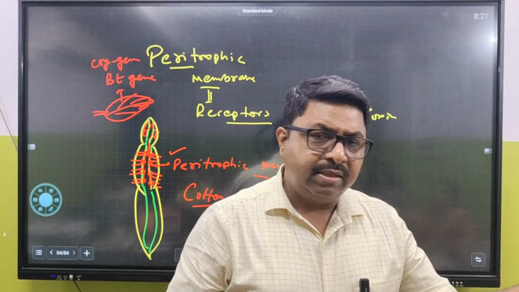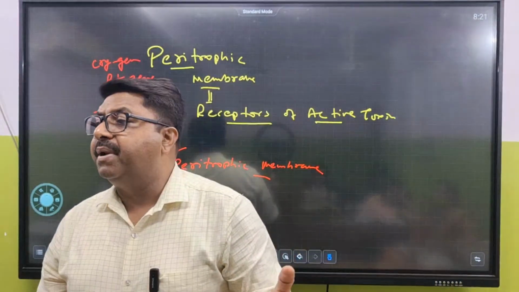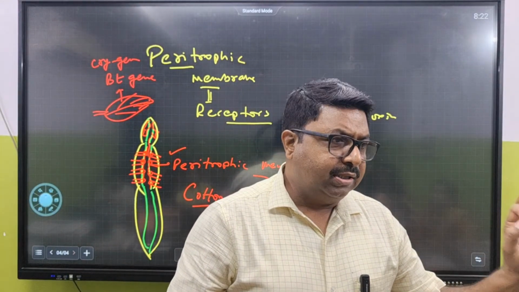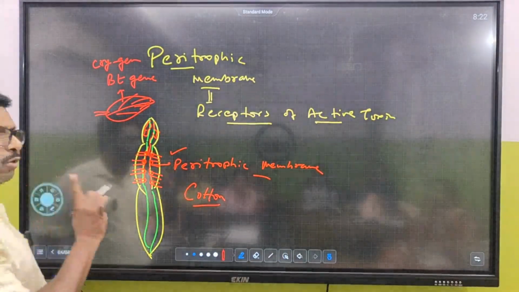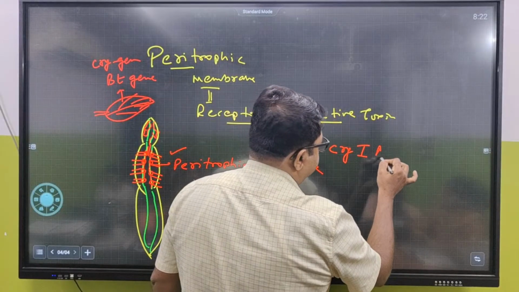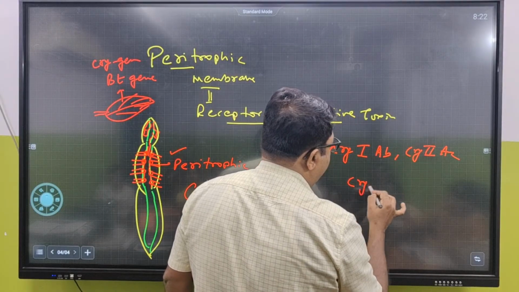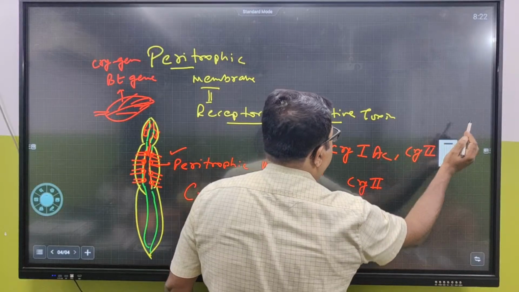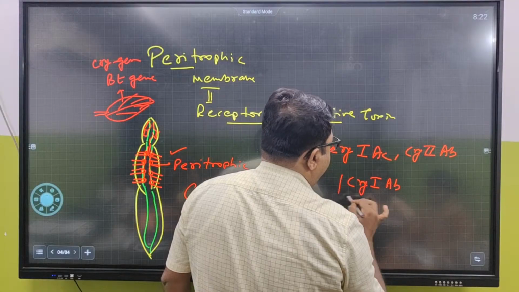There are many plants having the Bt gene, like Bt brinjal also. Fine. It only harms these insects, mainly the pests of the cotton plant, called cotton bollworm or corn borer. What you have to remember is the genes in your book called Cry1Ab, Cry2Ab and Cry1Ac.